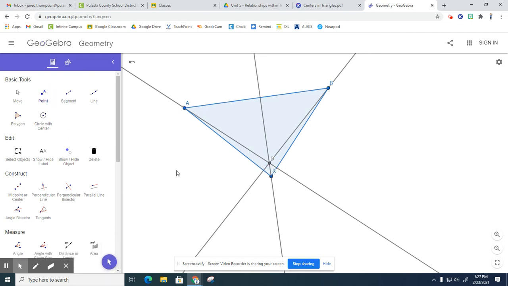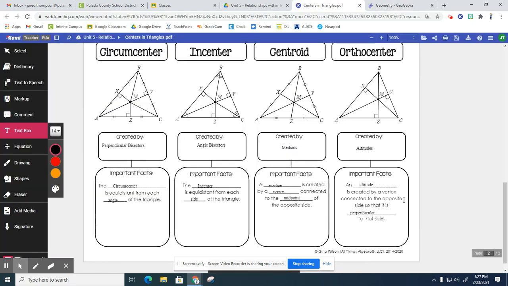Now I put my point back. That point labeled D is my orthocenter. All right, so that's all the centers.